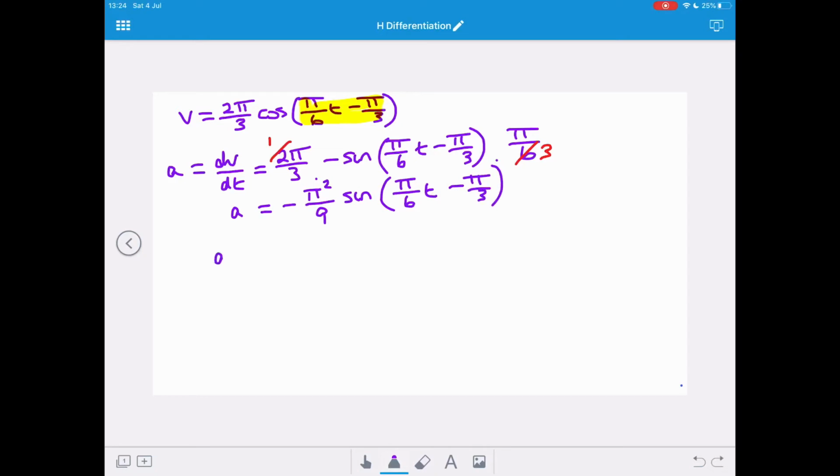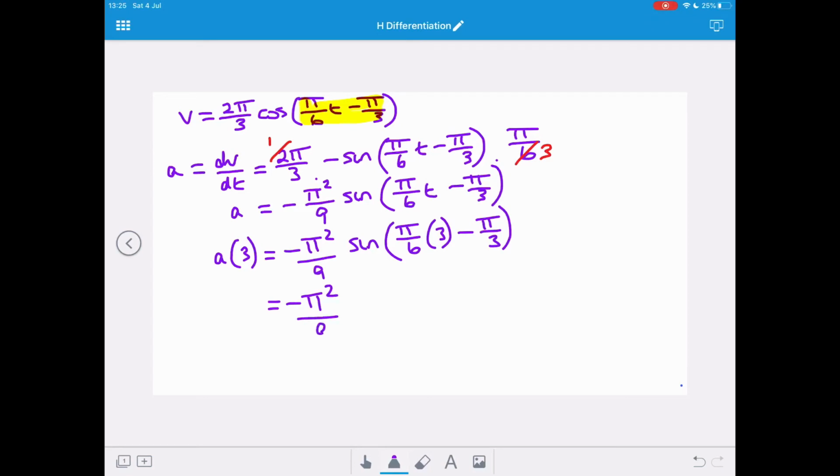And we want to work out a of 3 because we want to work out the acceleration at 3 a.m. So it'll be negative pi squared over 9 multiplied by the sine of pi over 6 times 3, take away pi over 3. And that's going to become negative pi squared over 9, and we know that the sine of pi over 6 times 3 minus pi over 3 is the sine of pi over 6.